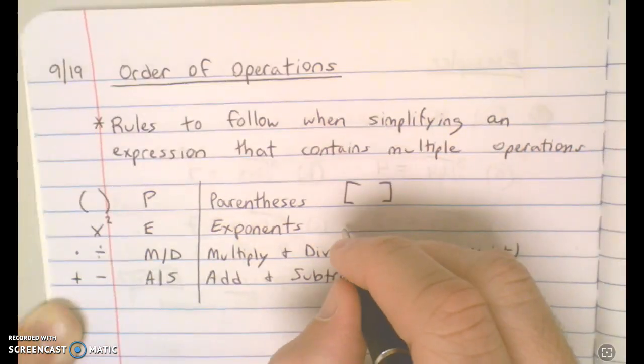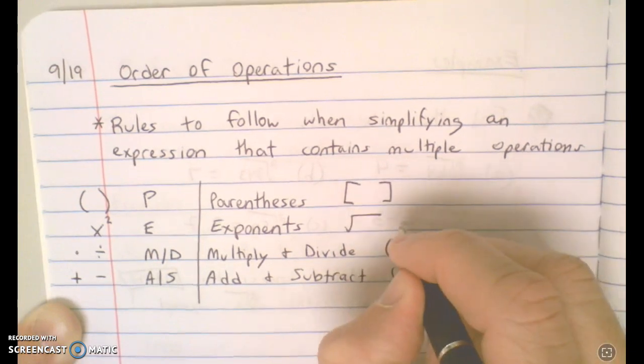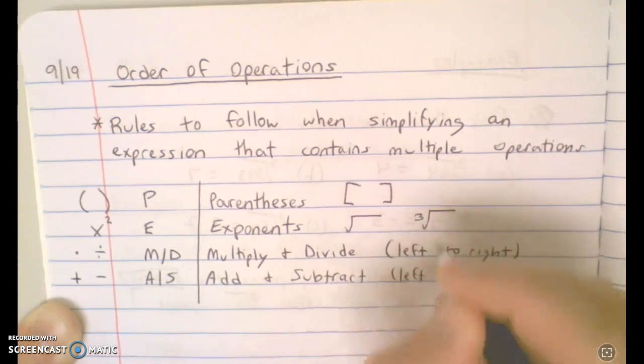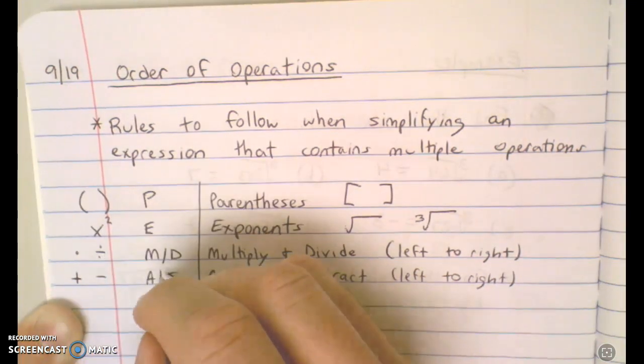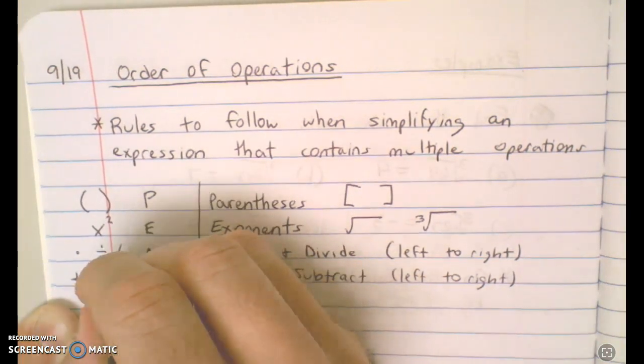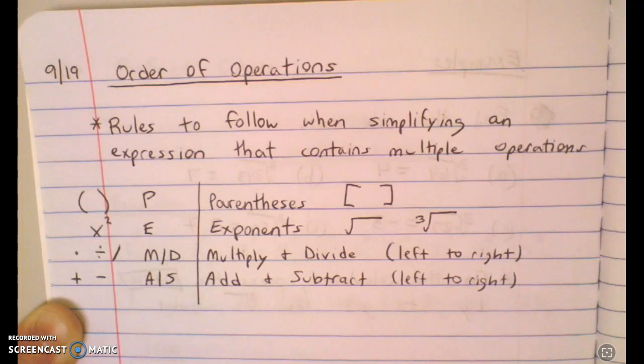And in exponents, you might see the square root symbol or the cubed root symbol. Those would also be dealt with in the exponents. Multiply, divide, you might also see a slash symbol for divide.